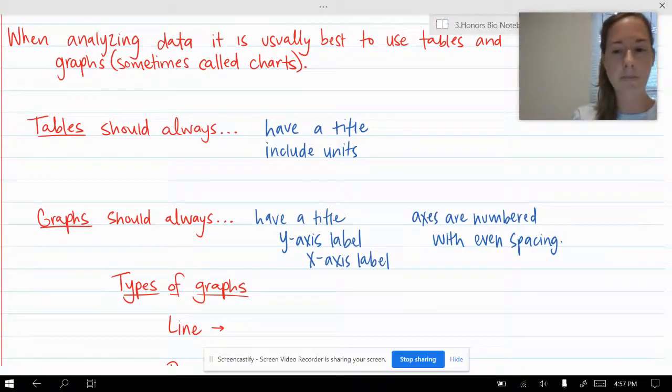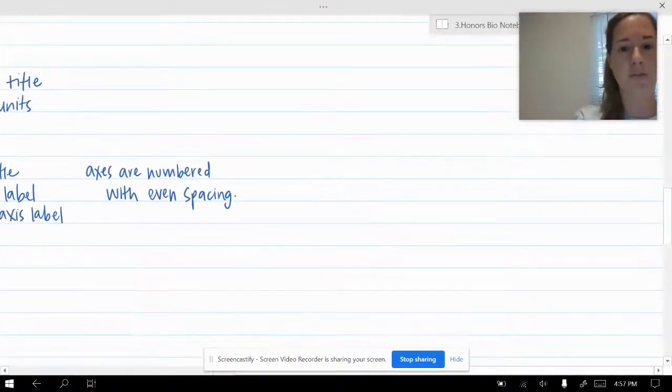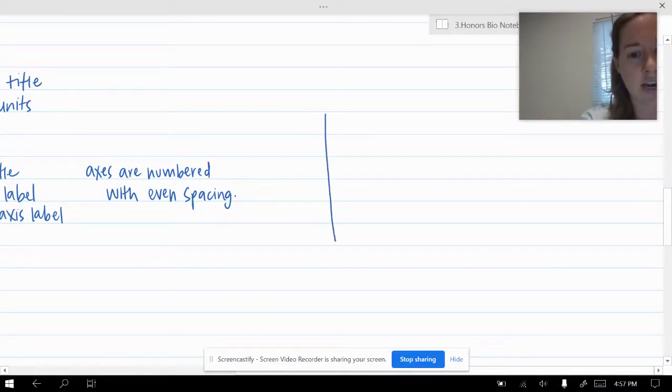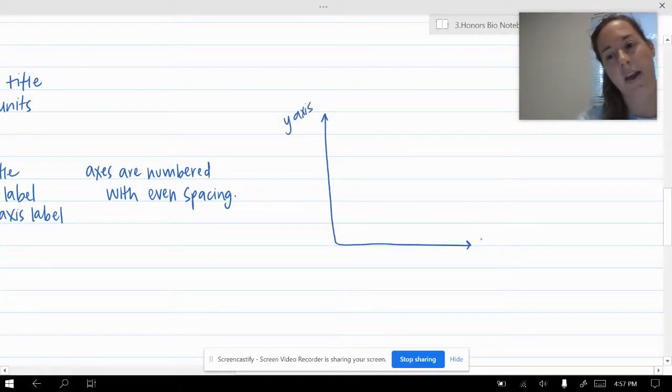So just as a reminder, before we go any further, I'm going to go over here and just draw a tiny little graph that this is the y-axis going up and down, and this is the x-axis going across. And you would want to, of course, label these for whatever they were.